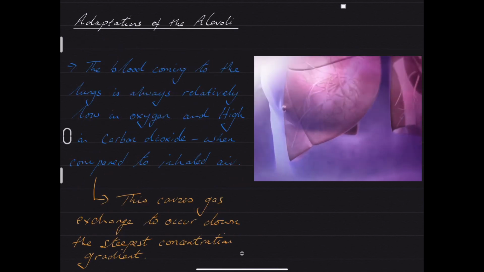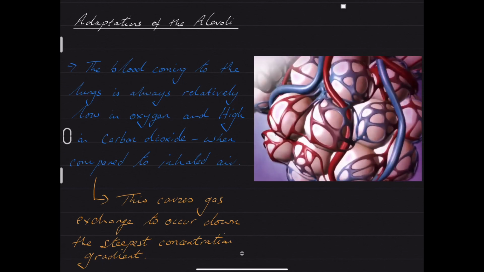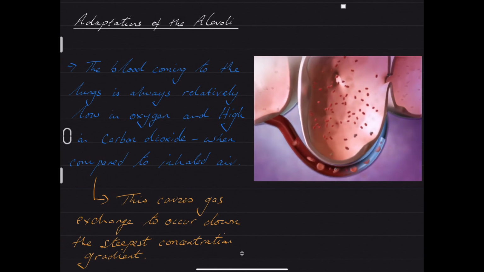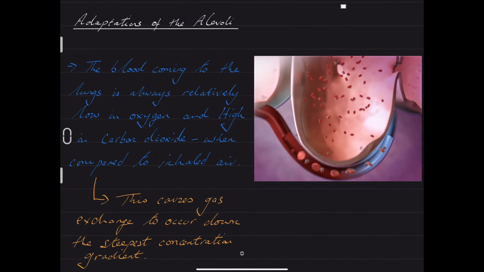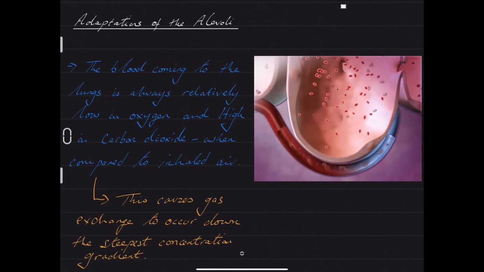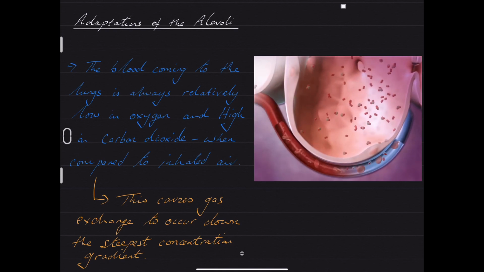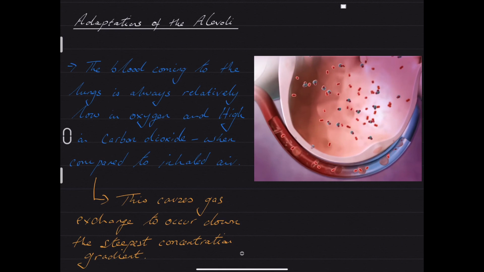The other method by which the lungs maintain a steep concentration gradient is because the blood coming to the lungs, to the alveoli, is always relatively low in oxygen and high in carbon dioxide.